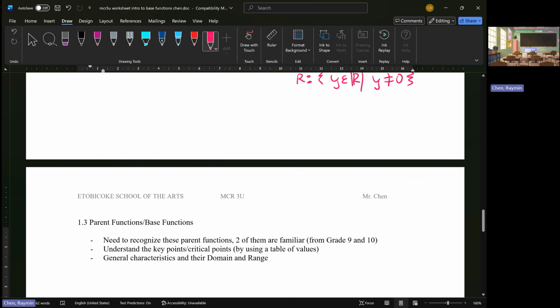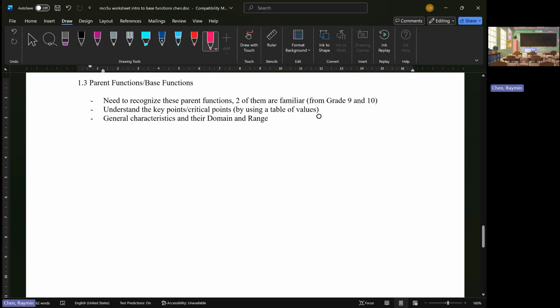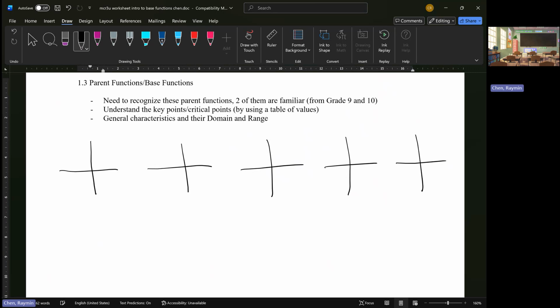Now, if you want to pause the video to surprise yourself, I am going to draw, and I'll try to use black. I'm just going to draw the sketches. These are quick. I'm just making this up really fast. And can you recognize what they all are? I'm only going to do 5 of them because technically you only need to know 5. The cubic will never be given to you.